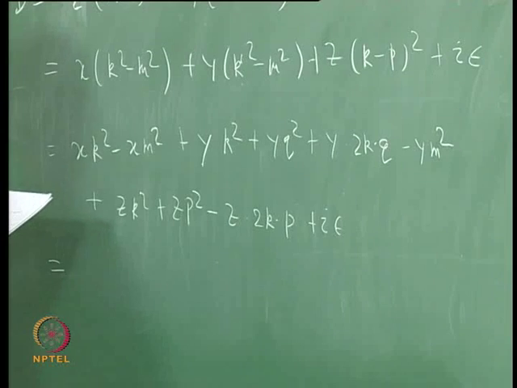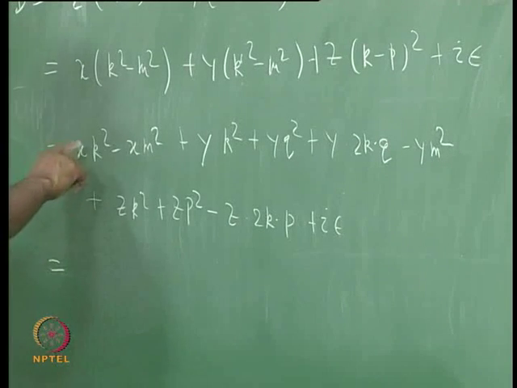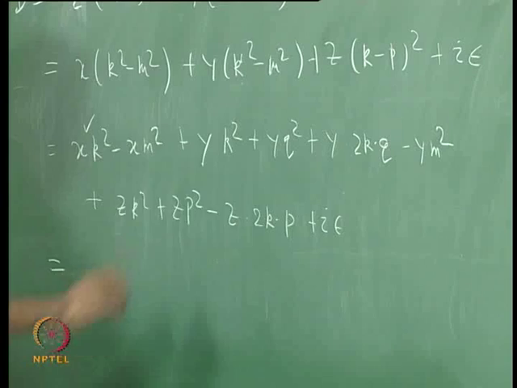If you simplify this, you can just see that you have an x k square, a y k square, and a z k square.